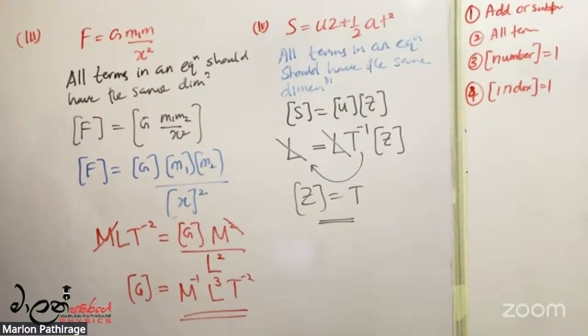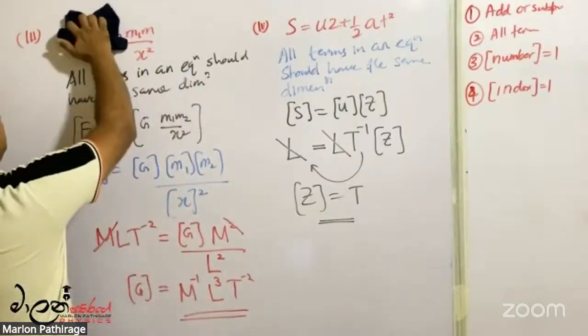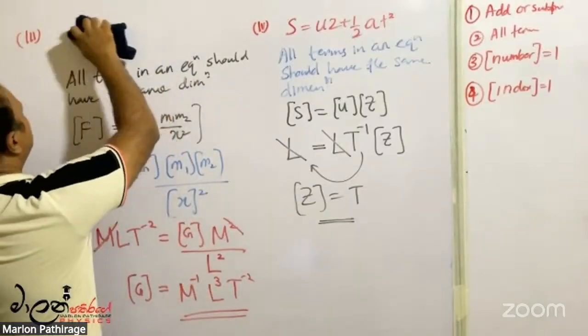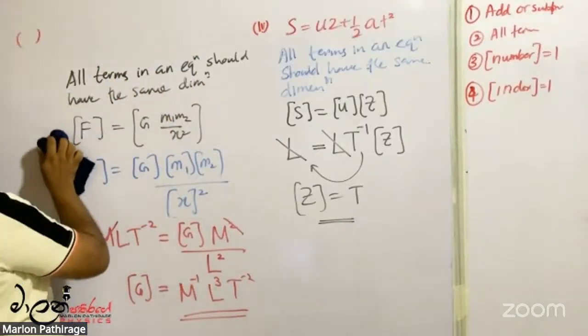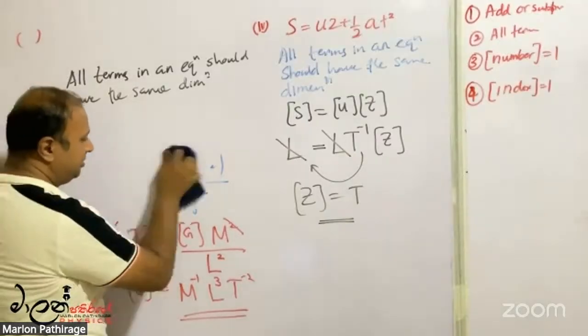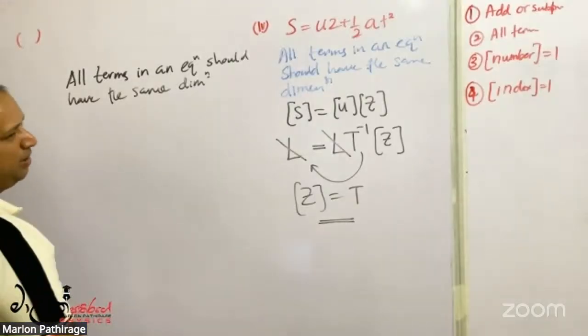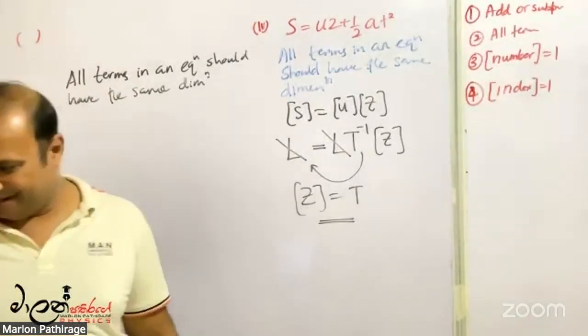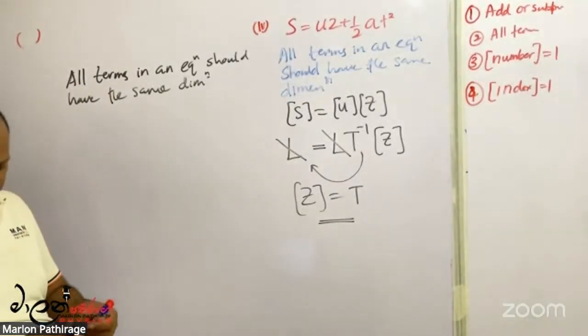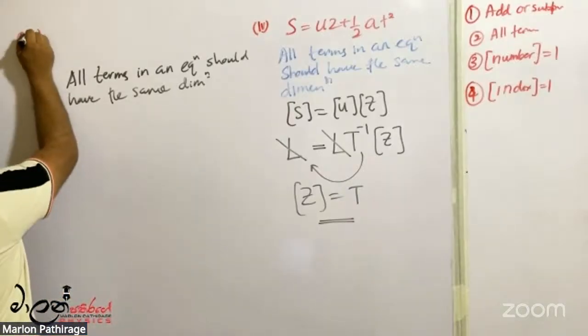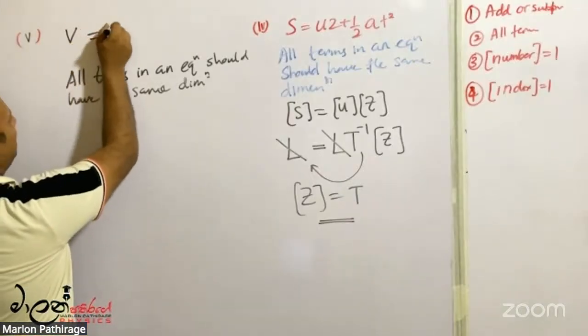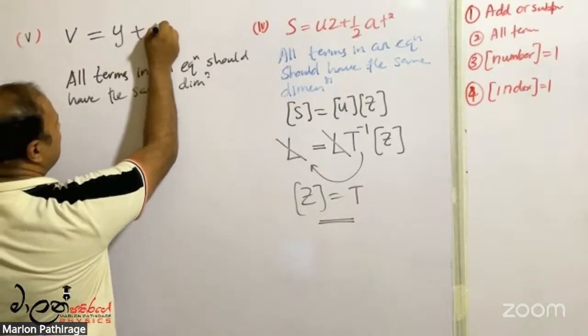The next one, the fifth one: V equal y plus at.